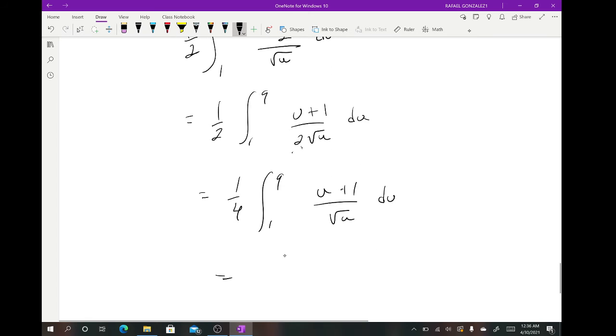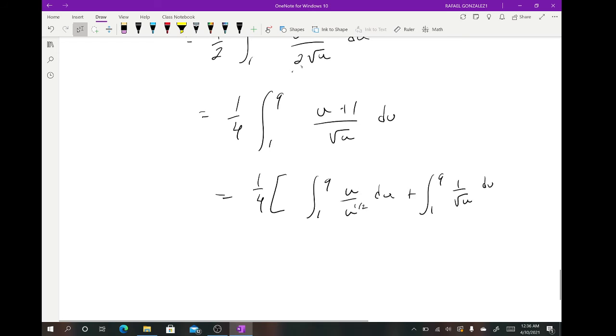Then I'm going to rewrite this as 1 over 4 times the integral from 1 to 9 of u divided by u to the 1/2 du plus the integral from 1 to 9 of 1 over radical u du.